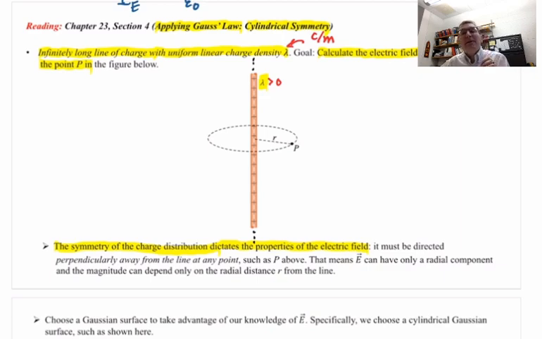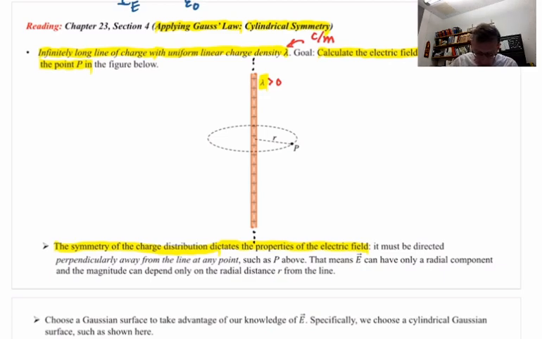The electric field vector can't have any property that depends on where you are this way, because the charge distribution doesn't care where you are up and down. So the electric field can't have any property that depends on where you are up and down. So it can't have a component that points up or down, and it can't depend upon your vertical coordinate, whatever you label that, maybe.